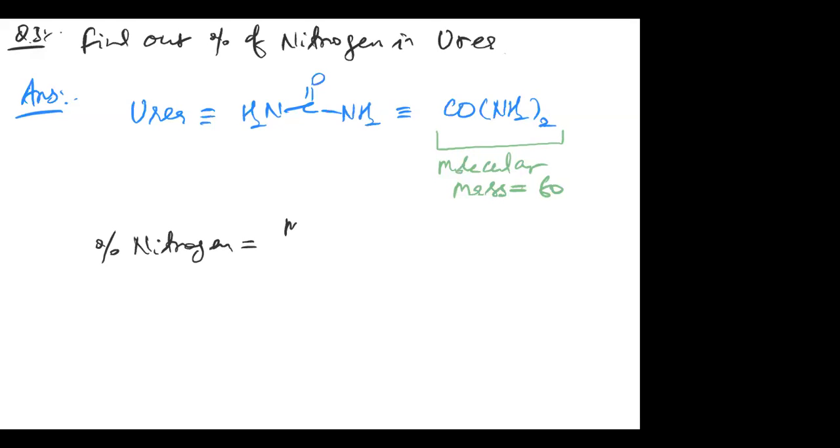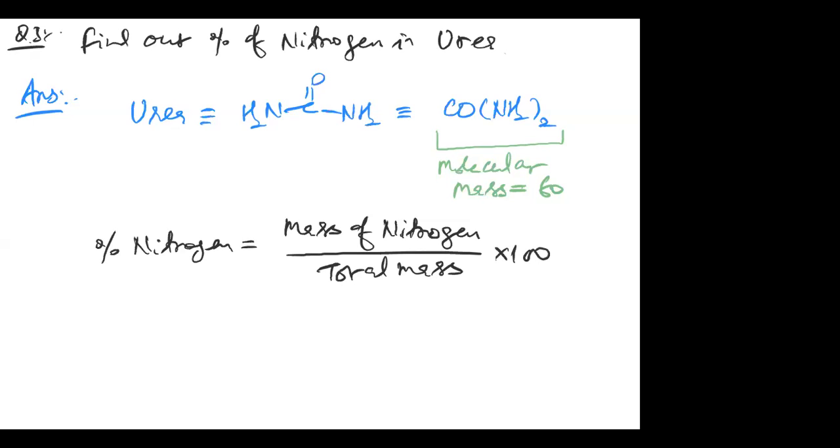should be equal to mass of nitrogen divided by total mass multiplied by 100.